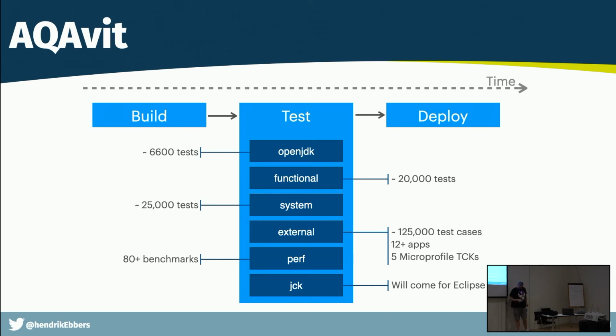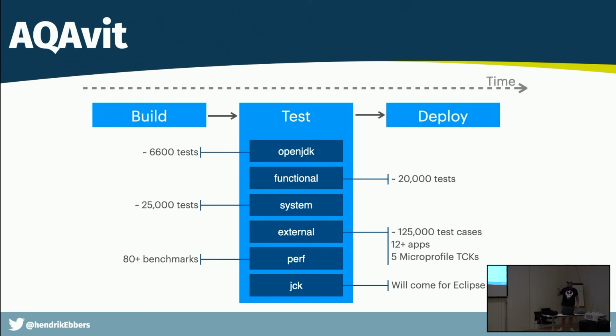One nice thing is the performance group, where we have benchmarks. We execute benchmarks to check that a new Java build, a new Java version, is not slower than a previous one. And we have this external group. This is quite a nice trick, because it contains about, it's even more now, maybe 150,000 tests or something like that. Whoever has written 125,000 unit tests?